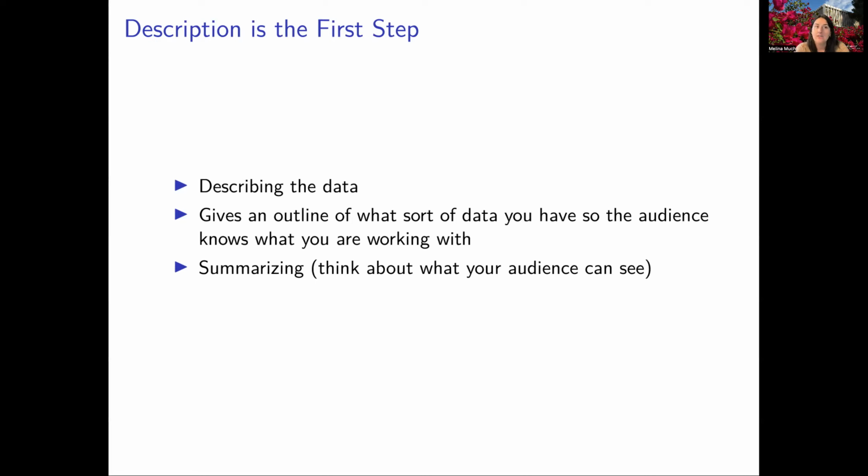before you do any sort of fancy testing. So really, I want you guys to think about the idea of descriptive statistics as being summarizing, thinking about what your audience can and can't see. You as the researcher are able to see your data set. You're able to toggle through your columns and your rows, and you can understand what's happening with your data set right off the bat. The audience that's either reading your paper or watching your presentation is not inherently going to know that. If you're giving a research talk, they're not going to be able to see your data set on the fly.